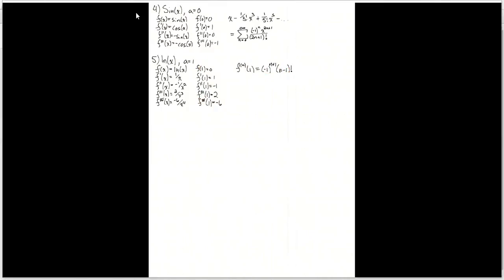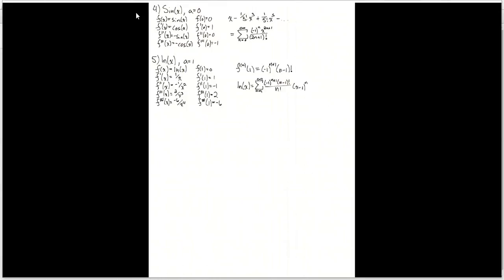So we're going to have that natural log of x is equal to the sum. And we're going to start from 1. We're going to go to infinity. And we have -1 to the n plus 1. And then n minus 1 factorial. And remember, this is all over n factorial. And then x minus 1 to the n.